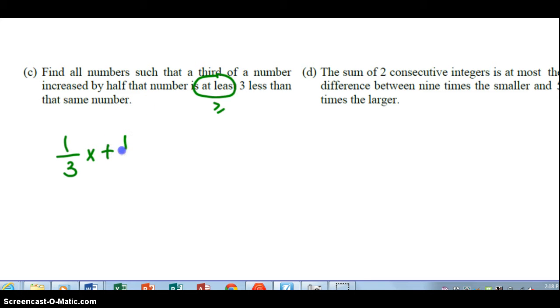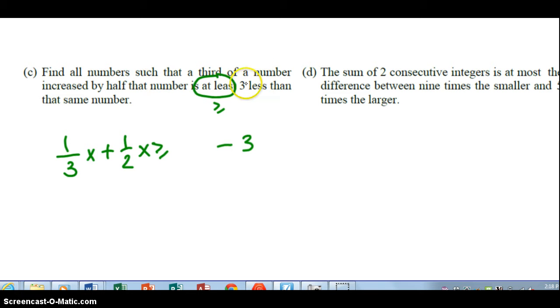Increase by 1/2 of a number, of means to multiply, is at least 3 less. Sorry about that. 3 less is going to be here than the same number.